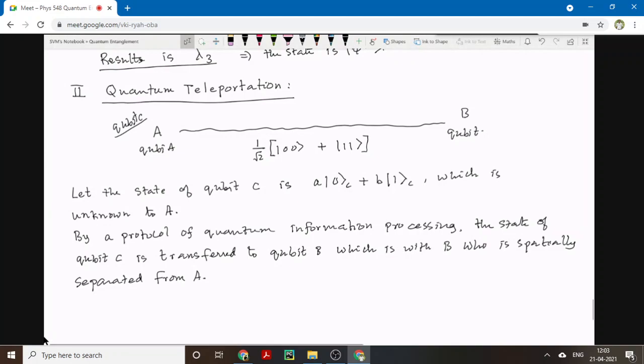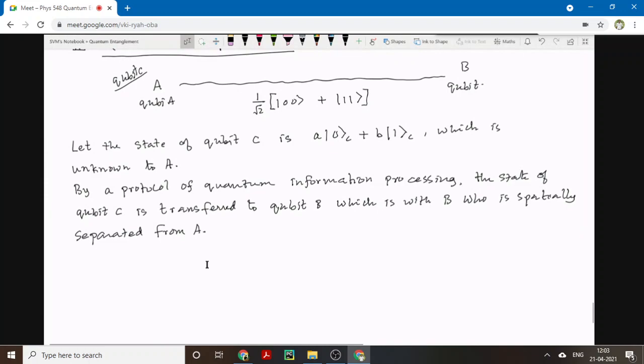So how do we do this? This is done by some steps. Whatever you are doing, you are always doing operations at the local level. A does some operations at A's place, B does some operations at B's place, but then the information is transferred from A to B. So there is something called LOCC.